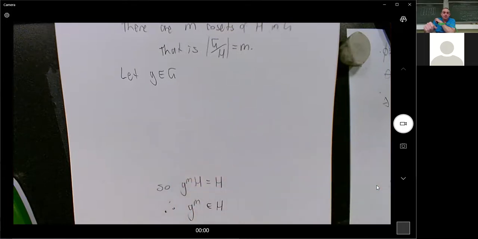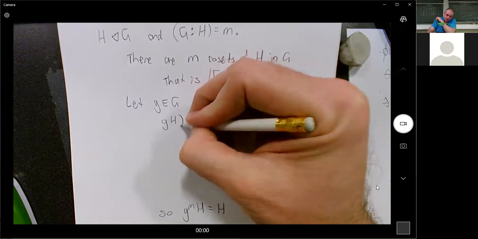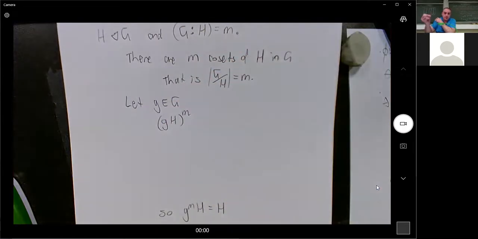So, that's what this is. So I'm thinking that I need to make statements about gH to the power of M and show that it's the same as H. Am I allowed to use the theorems about the orders of elements dividing the orders of groups? Yes. And no, I don't need that. That's not what I mean. I don't know what that means.